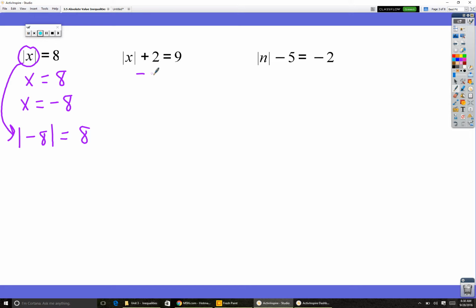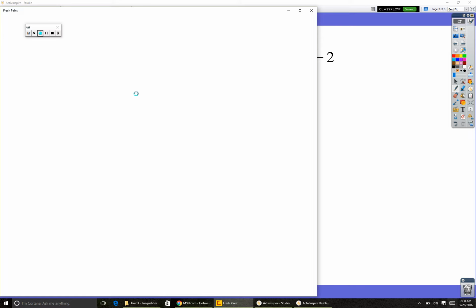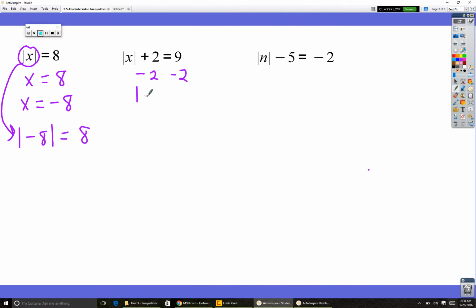So I'm going to subtract 2 from both sides, and I end up with absolute value of x equals 7. So now I can turn around and do what I did in the last problem. I can say that x equals 7 or x equals negative 7. So whether I put a 7 or a negative 7 inside that absolute value sign, the absolute value is going to be positive 7.